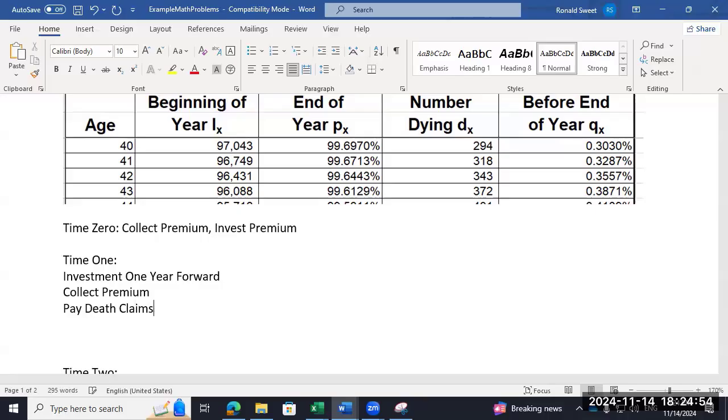Death claims to whom? Who pays this premium here? Who pays the very first premium? Any takers? First premium? What's in your denominator? What's the first thing in your denominator?